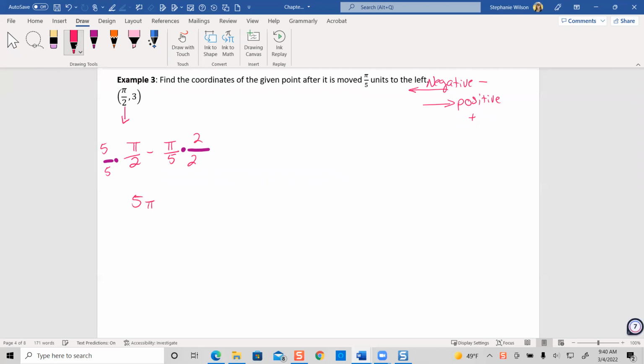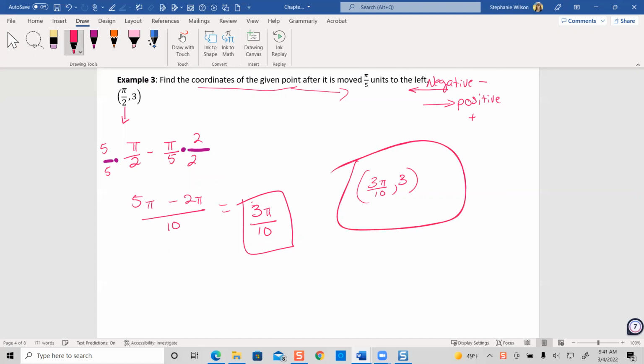Now I have 5 pi minus 2 pi over 10. 5 pi minus 2 pi is 3 pi over 10. And that's my new x value. So whenever we're looking for coordinates given by the points here, after it's moved, since it's moved to the left, it affected the x values. The y value did not change. So here's my answer.